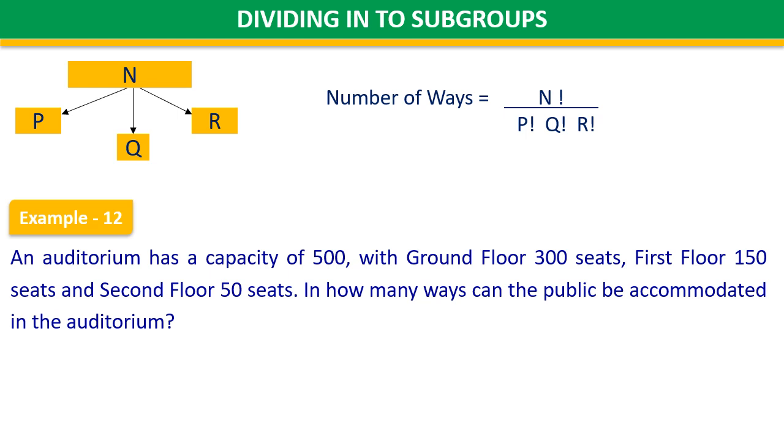How it can be done? The total number of ways will be equal to obviously 500 factorial divided by 300 factorial into 150 factorial into 50 factorial. This is a simple example of number of ways of dividing a big group into small subgroups.